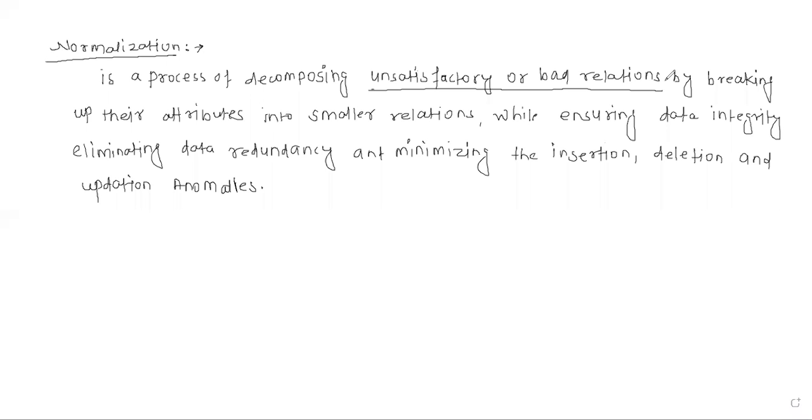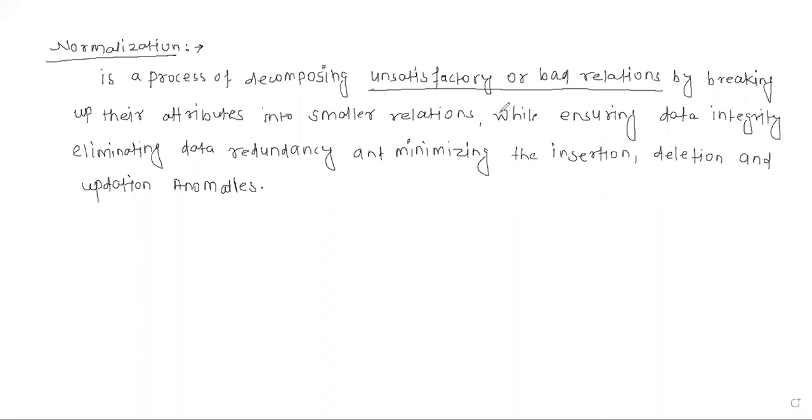Now, we will call a table an unsatisfactory or bad relation if in that relation you are getting redundant data, meaning the data is used repeatedly. If that is the case, we will call that particular table a bad table or unsatisfactory table.